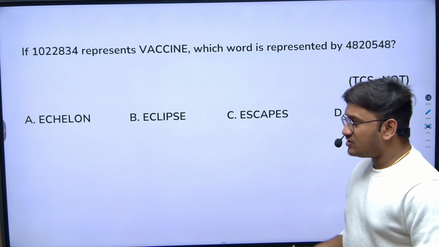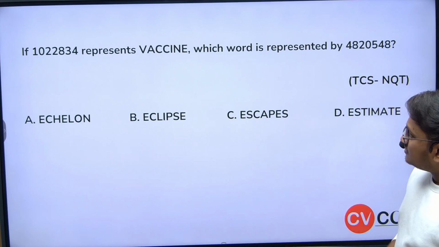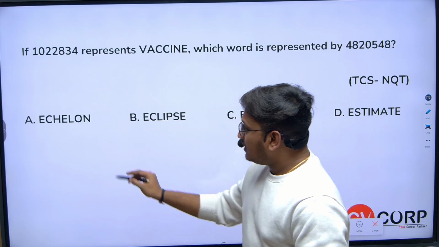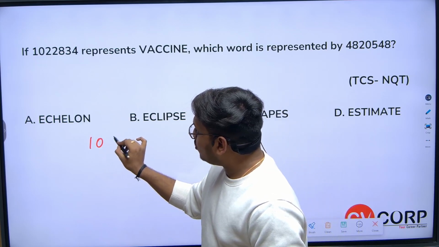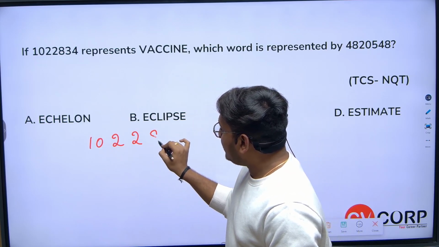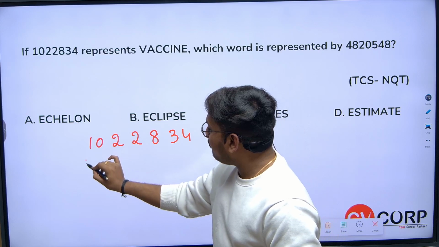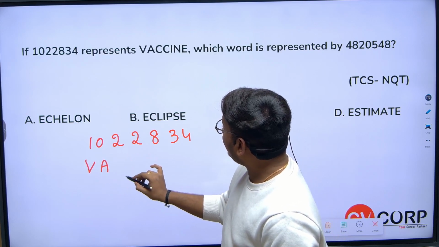If you observe here, the word is matching with a number. Let's say 1 0 2 2 8 3 5 4 represents VACCINE.